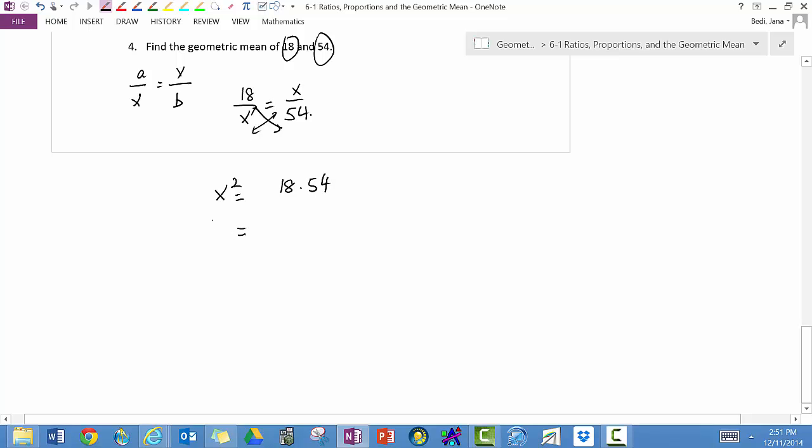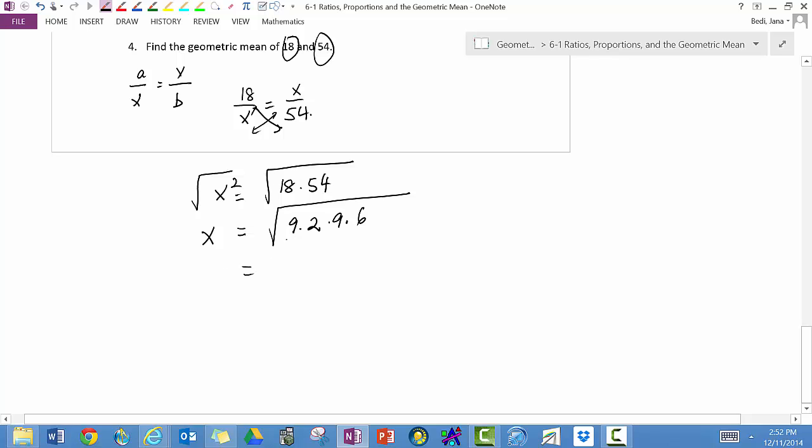Now you're going to take the square root of both sides. So the easiest way to do this is to look for perfect squares. The largest perfect square that is a factor of 18, I think that's 9 times 2. And what is the largest perfect square that is a factor of 54? I think that's 9 times 6.